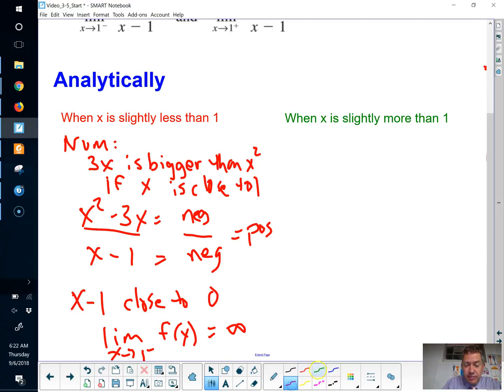On the right, when x is slightly more than 1, we have the same, that 3x is bigger than x squared. So x squared minus 3x is going to be negative. On the other hand, if x is bigger than 1, then x minus 1 is bigger than 0.